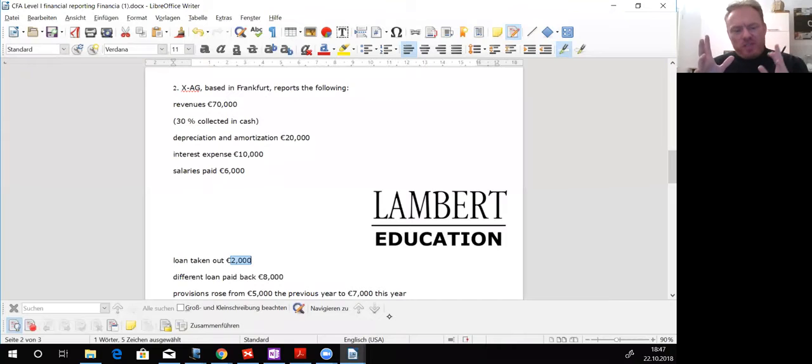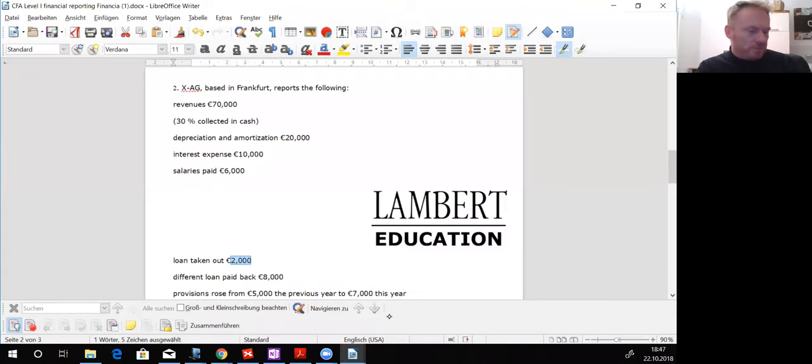The 6,000 and the 10,000 are expenses, and on the other hand, they're cash outflows. So they are cash outflows, and of course they are expenses. Whereas with depreciation and amortization, this is not true. This is only expense, but no cash outflow.